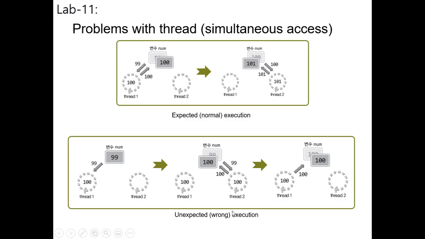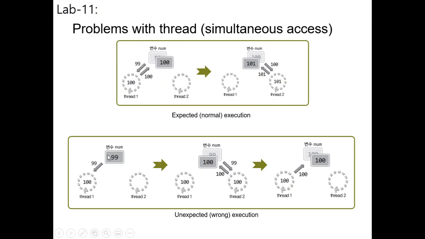But in reality, it wouldn't work like that because of the problem of simultaneous accesses. The problem can be explained like this. We have the value 99, and note one thing: when you make a very small operation like updating a value by one, what the CPU is actually doing is retrieving the value, updating the value, and then storing the value back to that memory cell.